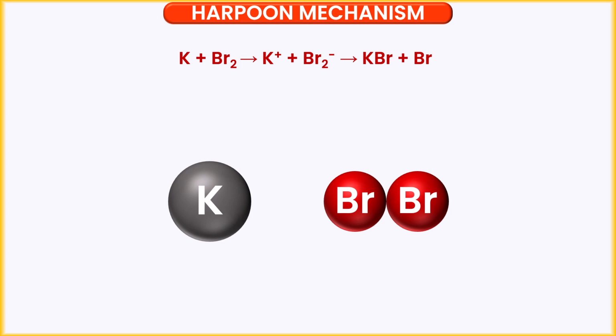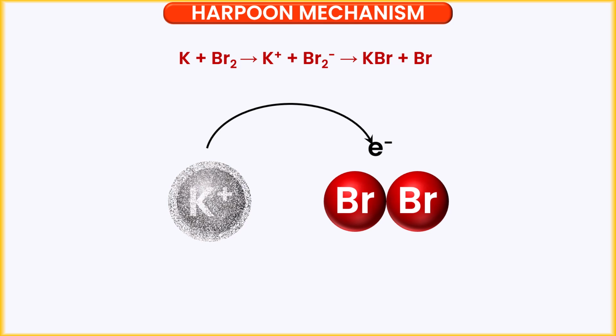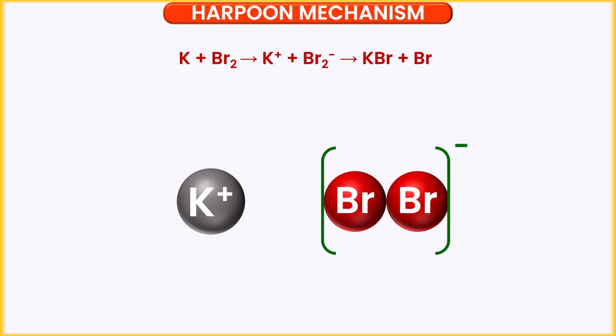As the K atom approaches the bromine molecule, its low ionization energy allows it to shoot an electron, much like a harpoon, over a relatively long distance to the electron deficient bromine molecule. This leads to the formation of an ion pair consisting of K plus and Br2 minus.